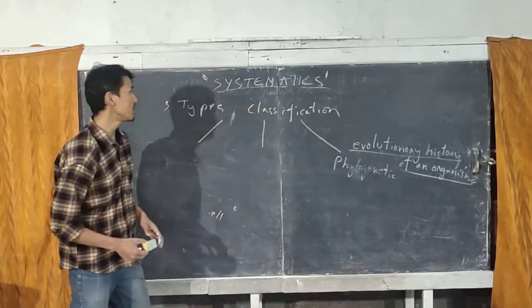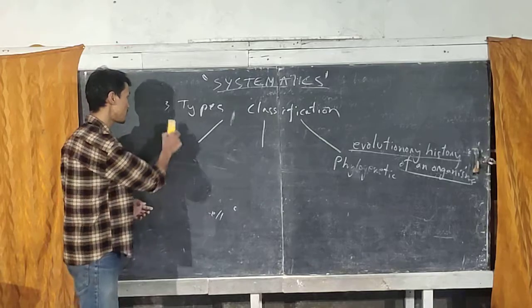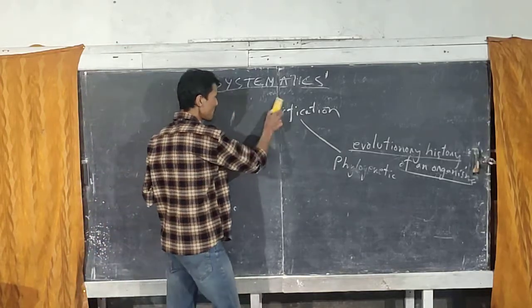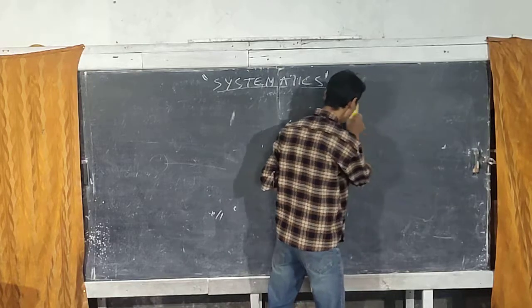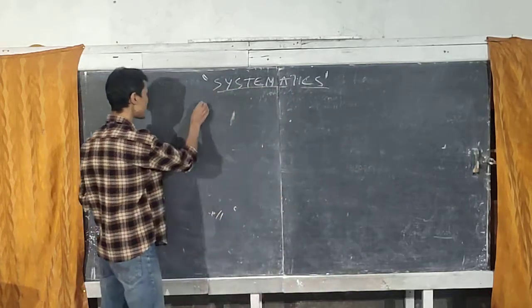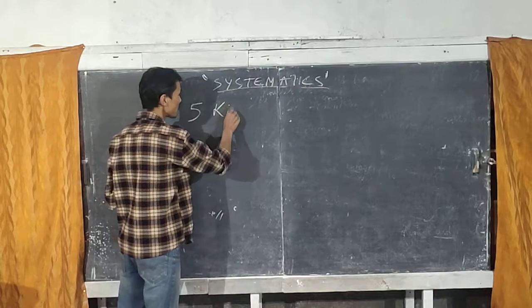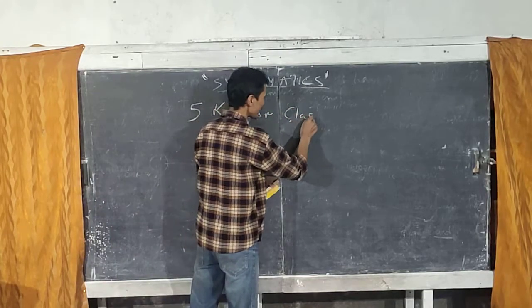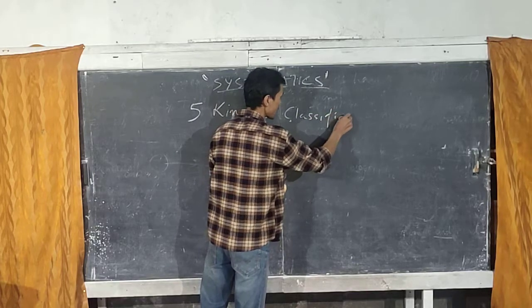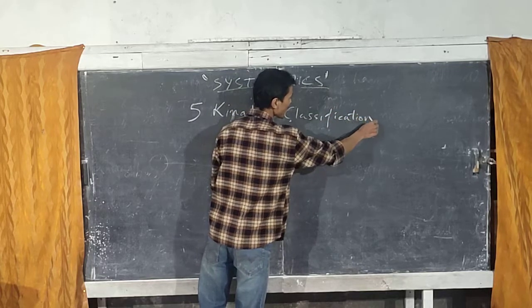So these are basically the different types of classification. The most common classification of organisms that is widely accepted is the 5 kingdom classification.